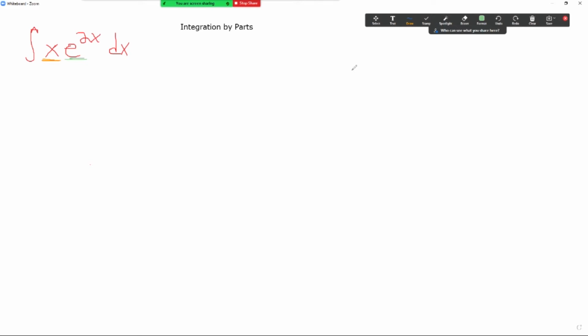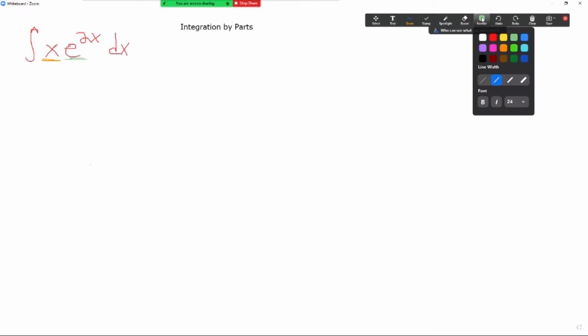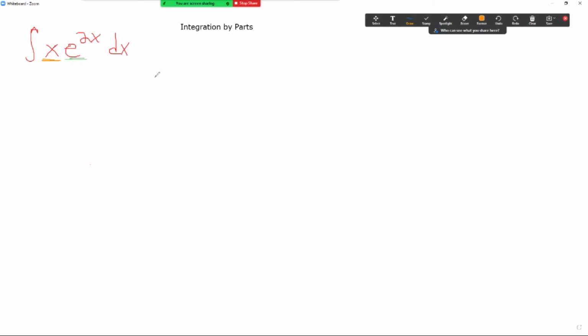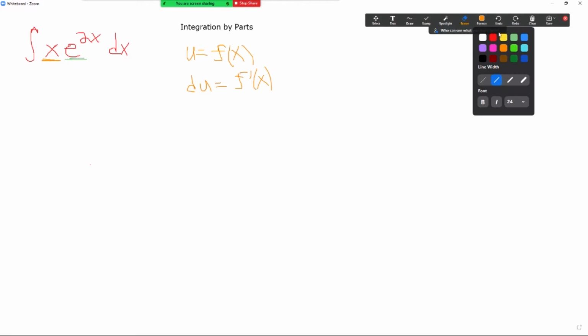So when we're dealing with integration by parts, we usually are going to let u be one of the functions, and we'll call that function f of x. And then we try to find the derivative of that specific function we're letting u be, that's inside of the integral, and we write that one as f prime of x. Then you have a thing we call dv.